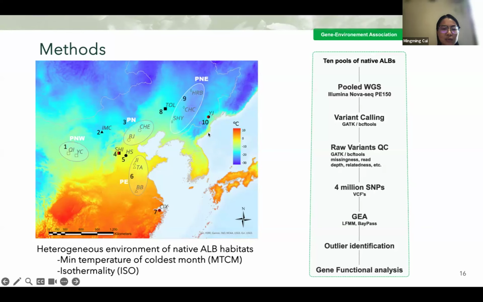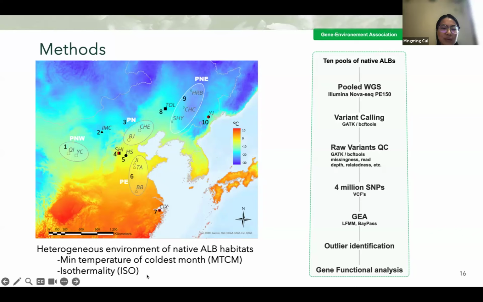We selected 10 groups based on genetic similarity and the local temperature, also avoiding relatedness. For each group, DNAs from 20 individuals were equally mixed together, and we performed whole genome sequencing using NovaSeq. After SNP calling and cleaning, we retained 4 million clean SNPs.